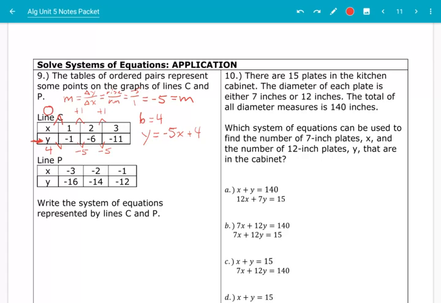So let's just put the x on the other side. So there we go. 5x plus y equals 4. There it is in standard form. There's our first equation. 5x plus y equals 4.